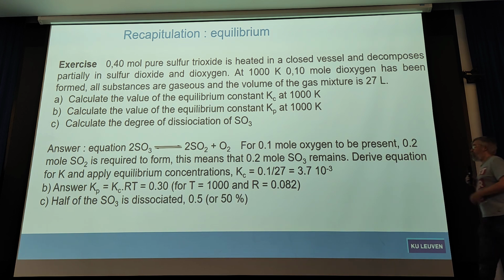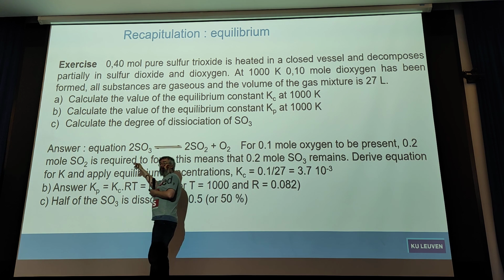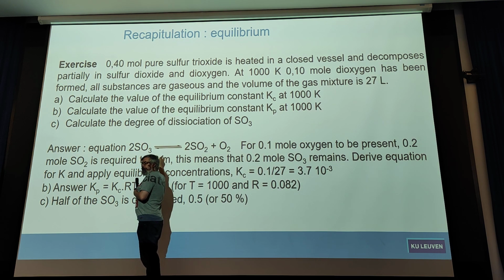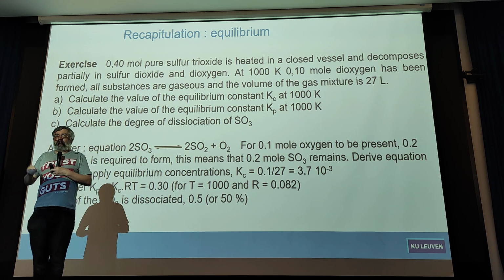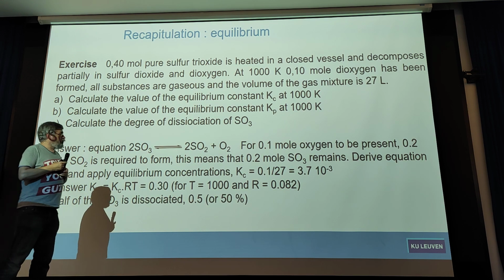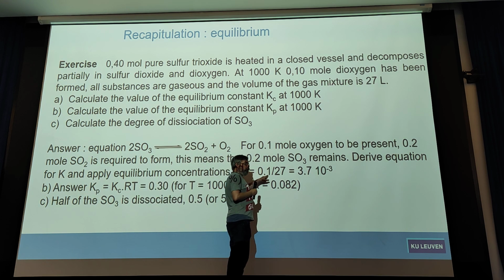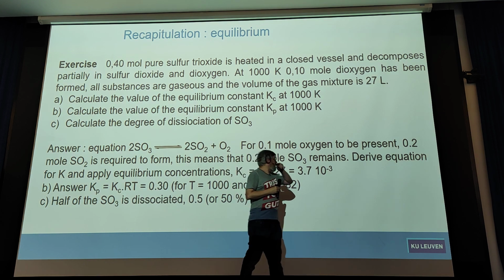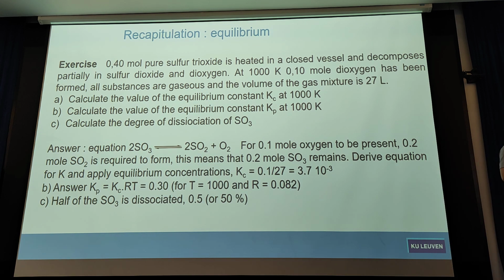It's actually quite simple because the concentration of SO2 and SO3 is the same, 0.2 mole. We can actually get rid of that. That means only one concentration term is important anymore, and that's O2. So that means Kc is 0.1 mole per volume, 27 liters. So this is 3.7 10 to the minus 3. That's Kc.